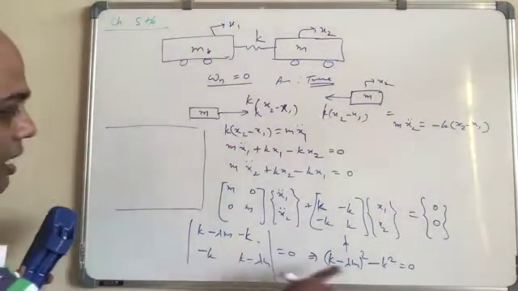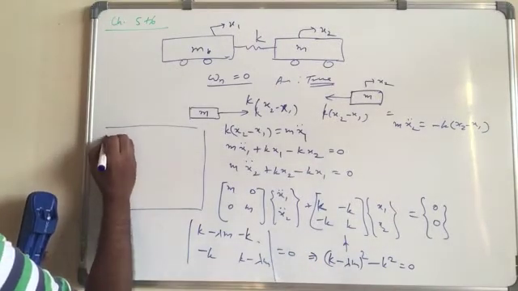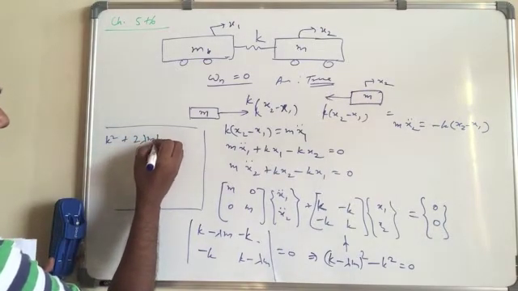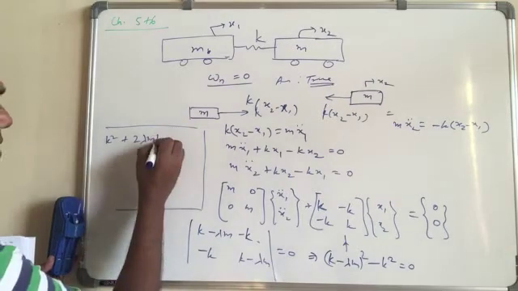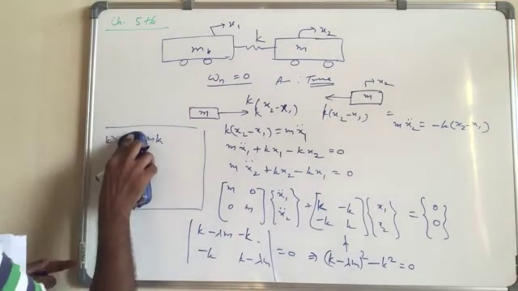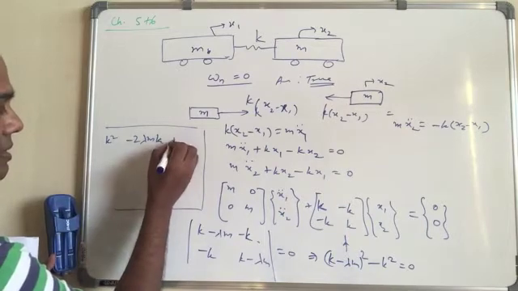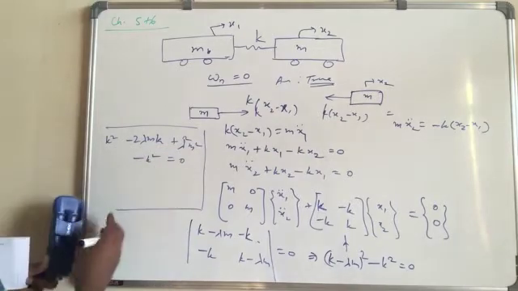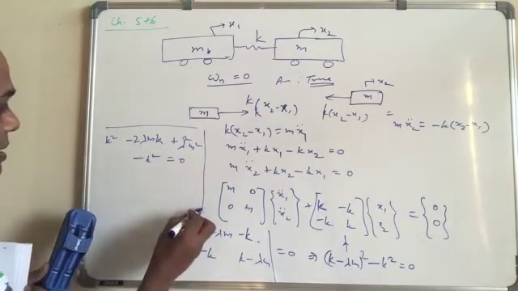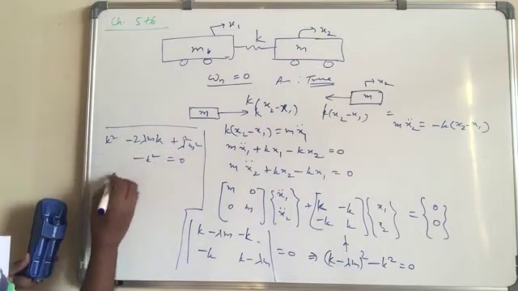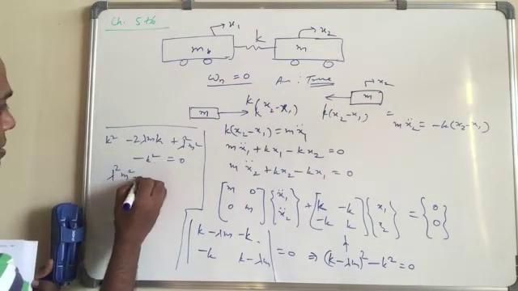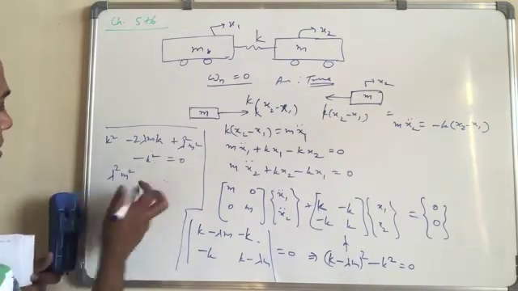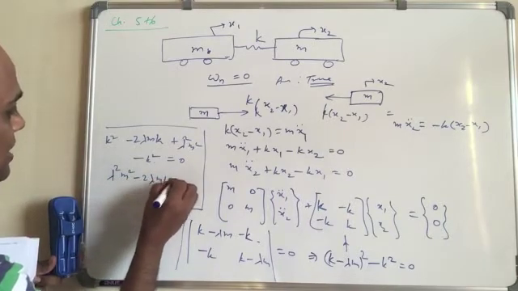From this we get k square minus 2 lambda mk plus lambda square m square minus k square equal to 0. That will give you this, and k square cancels out. You have lambda square m square minus 2 lambda mk equal to 0.